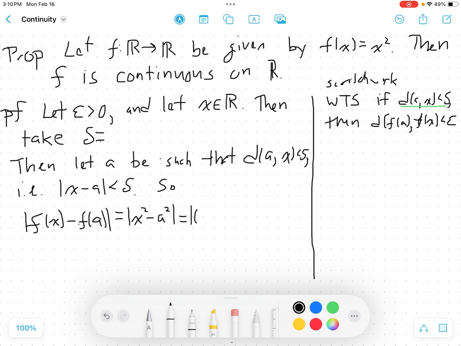I can rewrite x squared minus a squared as x minus a times x plus a. And then you can split up absolute values over multiplication. So this would be absolute value of x minus a, times absolute value of x plus a. This bit here we know is less than delta.